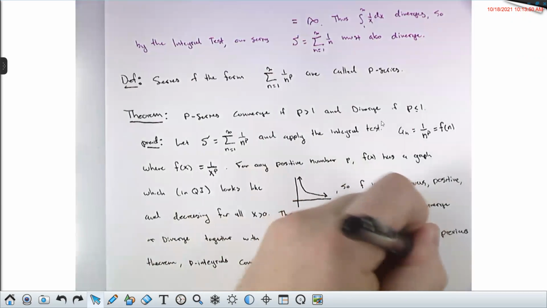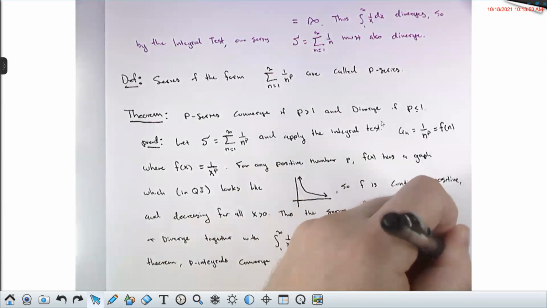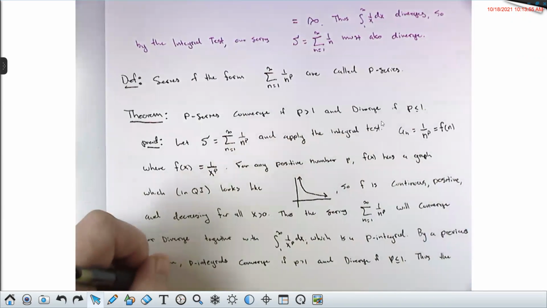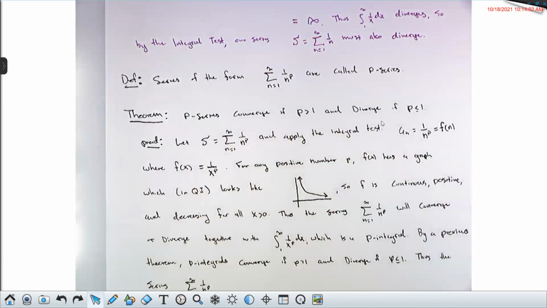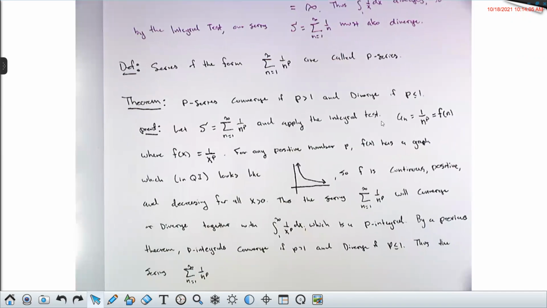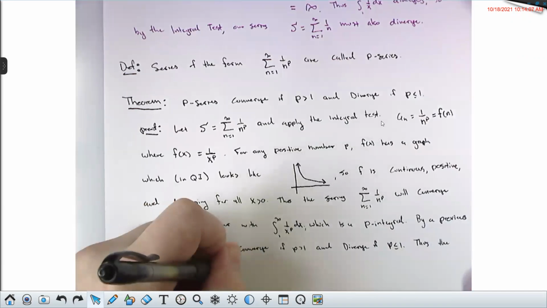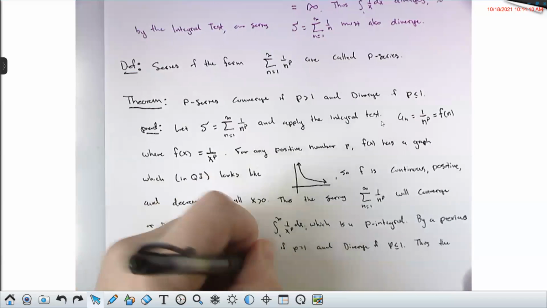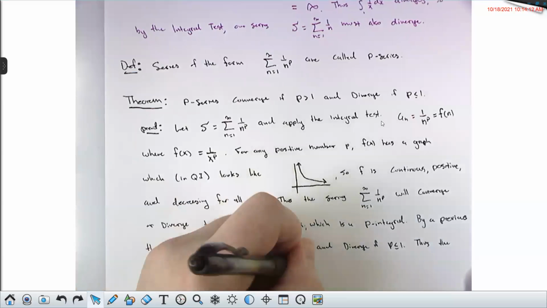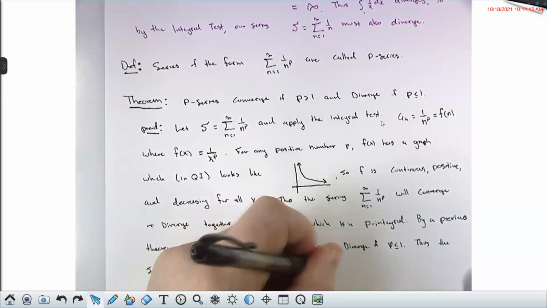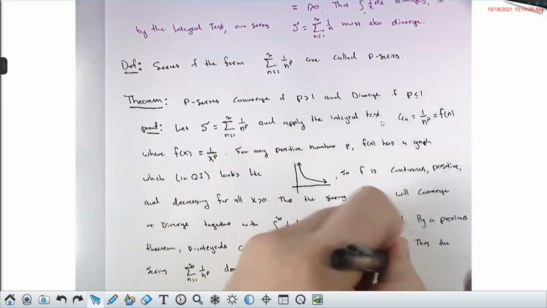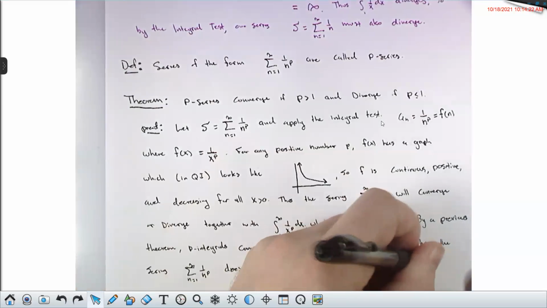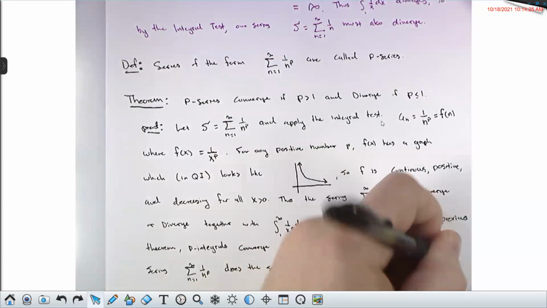Thus, the series sigma n from 1 to infinity, 1 over n to the p, converges if it does the same thing as the integral, right? It does the same. Converges if p is bigger than 1 and diverges if p is less than or equal to 1. And that's the proof.